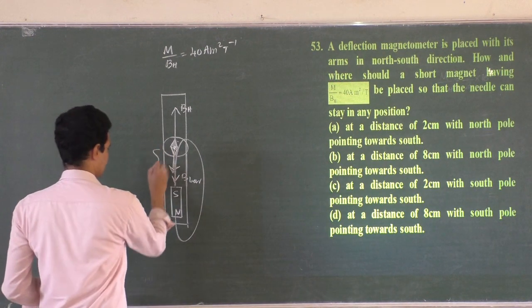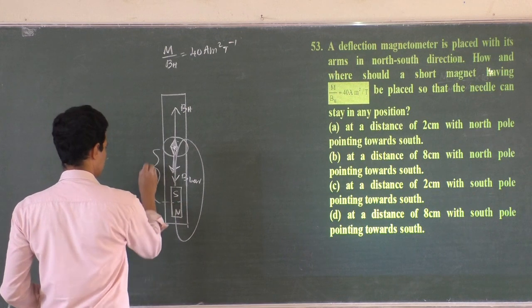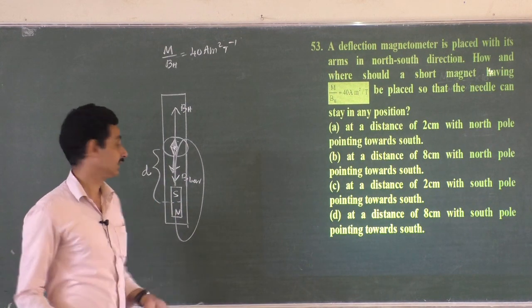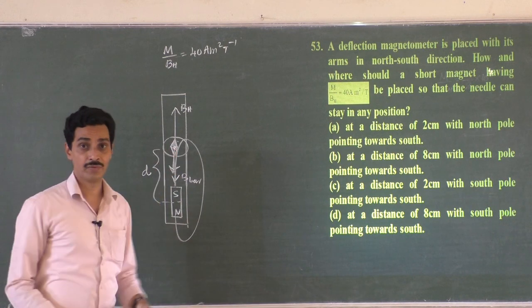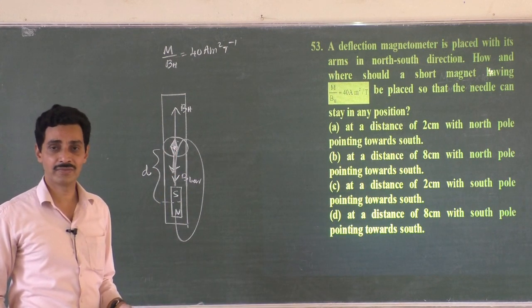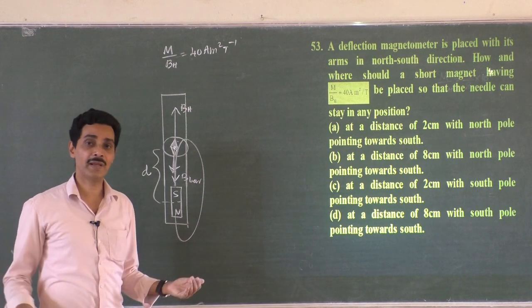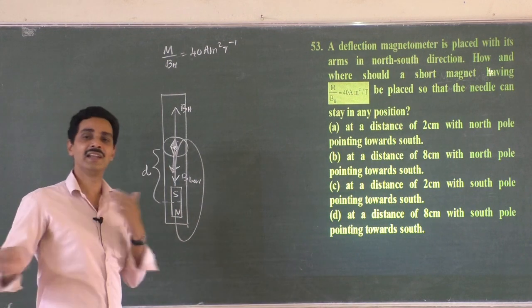So let this distance towards the center of the bar magnet be d. Now the equation which I have to apply, no tan theta, nothing. You ask this needle whether you are rotating in any magnetic field. Sir, I am rotating in two equal and opposite magnetic fields, so the net magnetic field is 0, so I am free, sir. I can stand anywhere now.